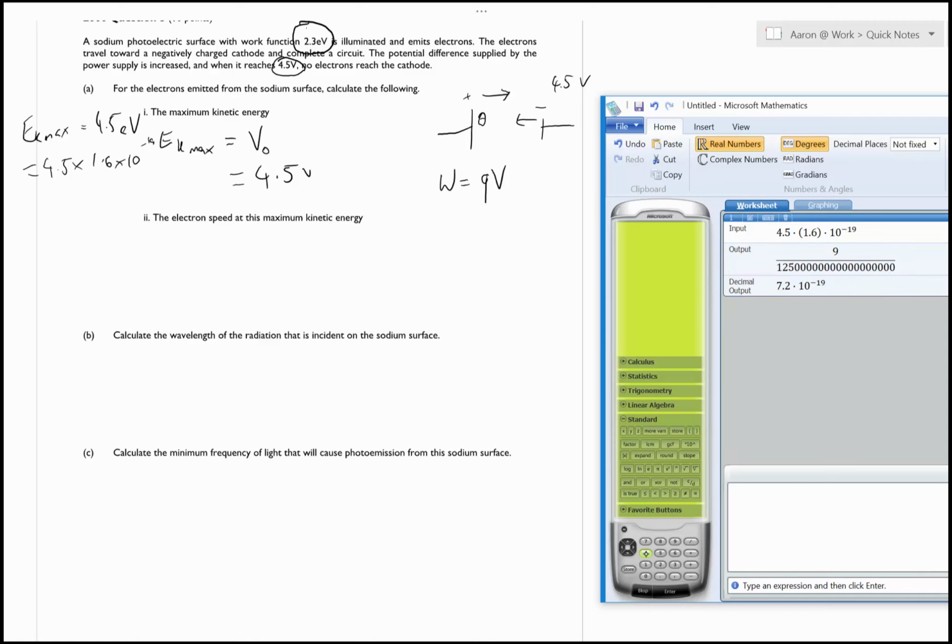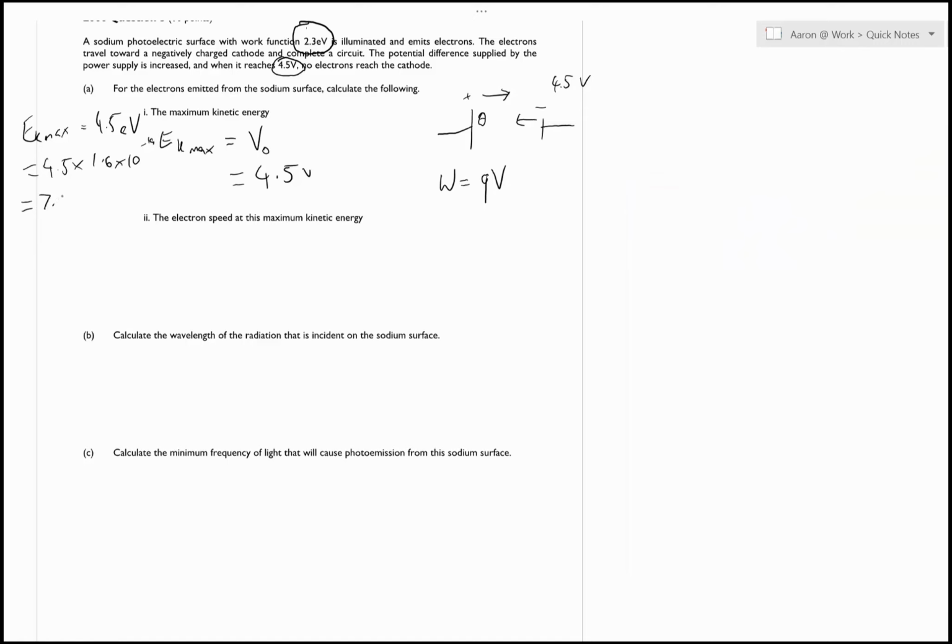And we get 7.2 times 10 to the negative 19 joules. For the second part, first of all, our electrons leave with that much kinetic energy, and that's how much they lose getting across the gap. They lose all of that kinetic energy, so they never make it across. That's how we can evaluate our stopping voltage compared to our kinetic energy.